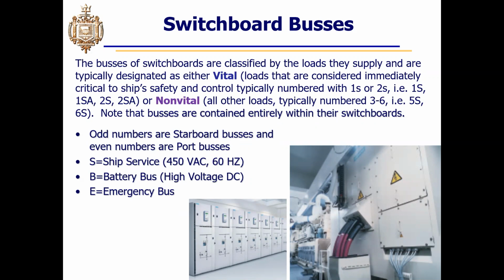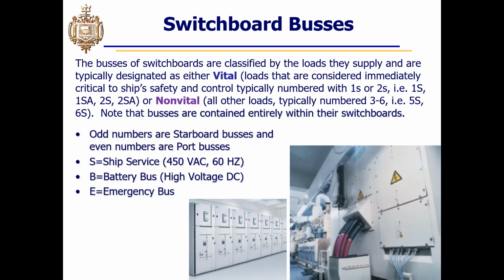Vital switchboards are generally arranged in schemes such that a backup power supply can take over. For instance, they'll be hooked up to an emergency diesel generator. So if the main generator goes away, the vital switchboard can be powered from an alternate source either immediately or very readily within a very short period of time.